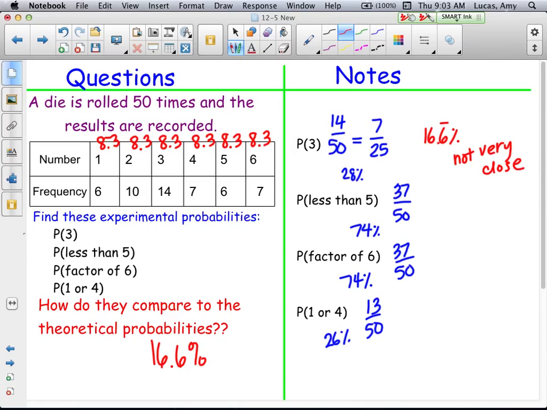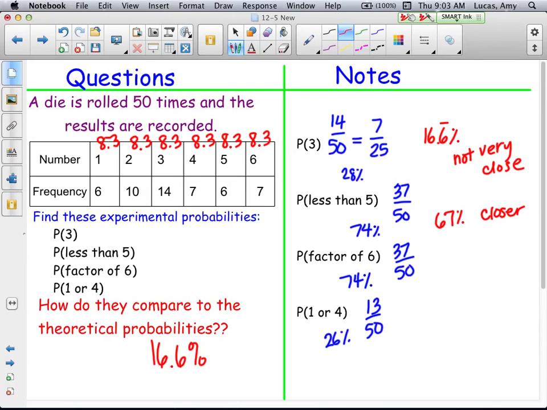So if each of those has a 16.6 repeating percent, and I just said 4 different numbers, that should be about 67% or 66.6%. So that's closer than the first one.